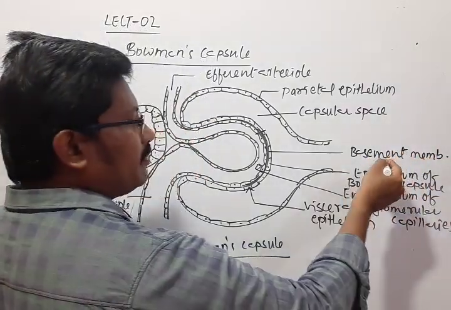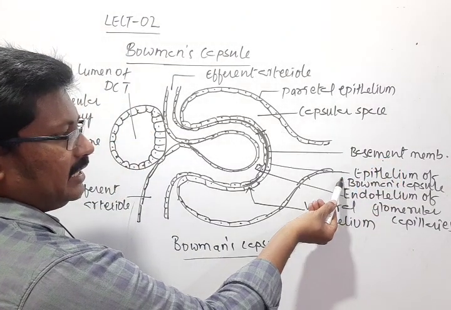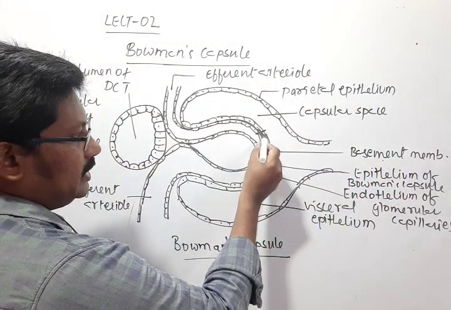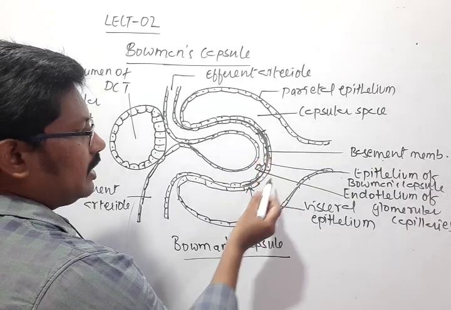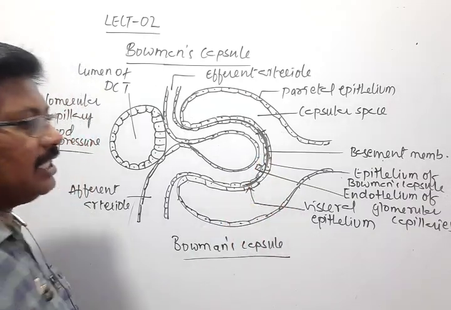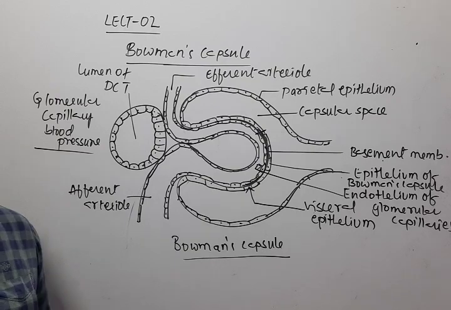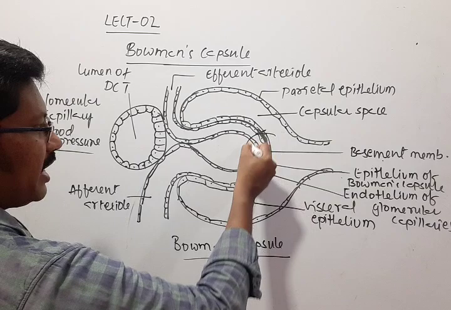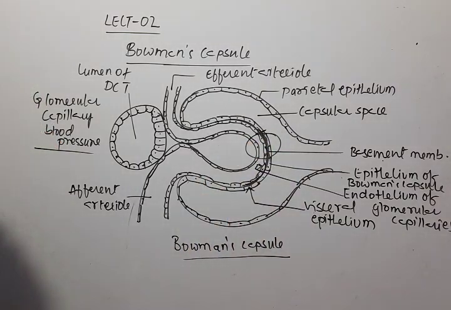So this basement membrane is present between the epithelium of the Bowman's capsule and the endothelium of the glomerular capillaries. Here I'll just magnify this and show you how the three layers are present.